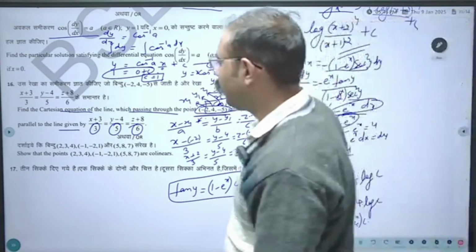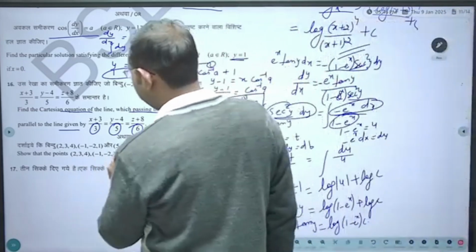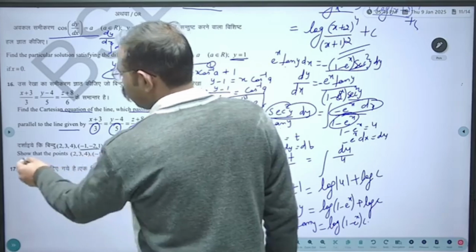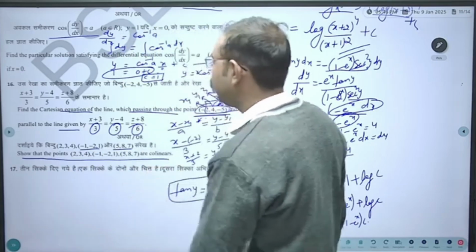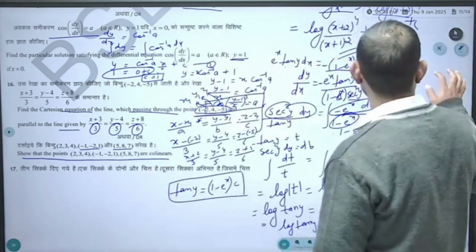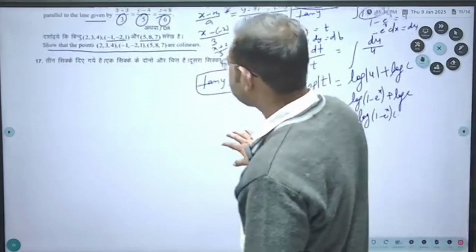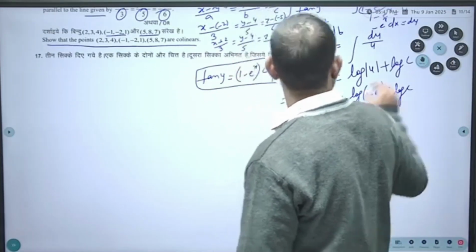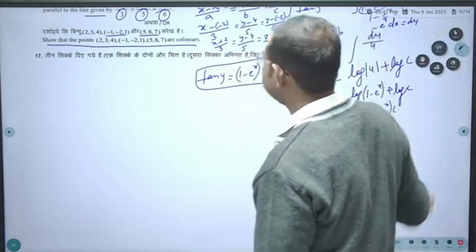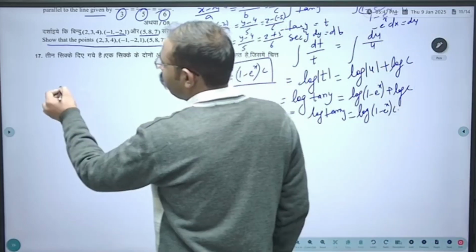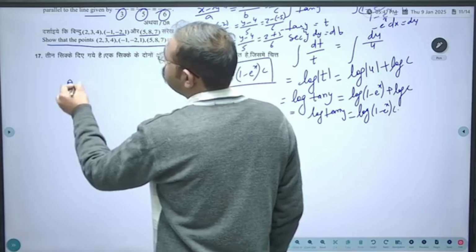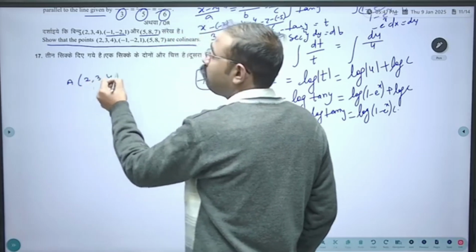Next, we have to show that the given points are collinear. Show that these 3 points are collinear or not. This we have to show. How will we show? Point A is 2, 3, 4.